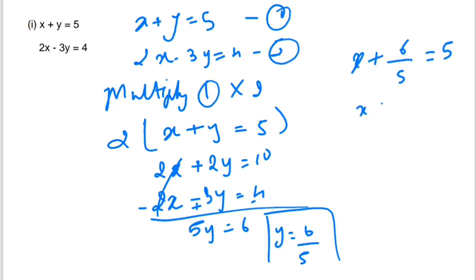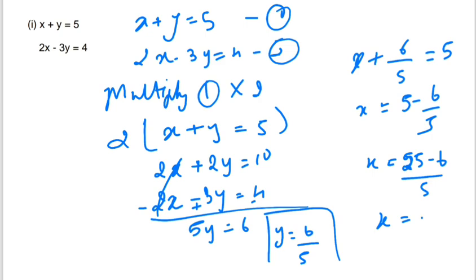So x is equal to 5 minus 6 by 5. Taking LCM, 5 into 5 is 25, so 25 minus 6 by 5. So x will be equal to 19 by 5. So these are your x and y values respectively.